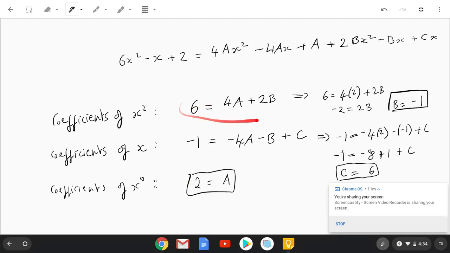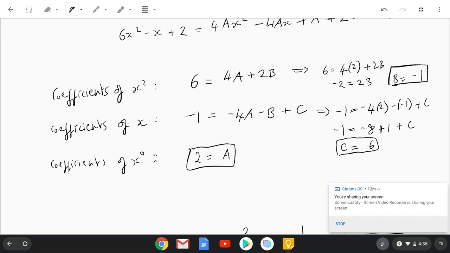Using that, I'm going to go straight to the first expression, plug that 2 in there, and end up with 6 equals 8 plus 2b. Move the 8 onto the other side, we get minus 2 equals 2b. And that gives us b is equal to minus 1.